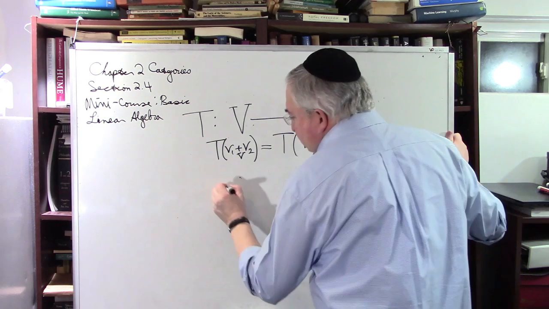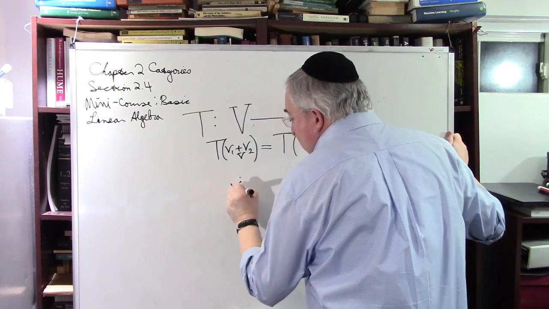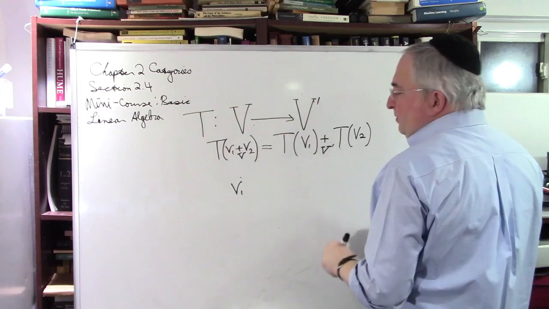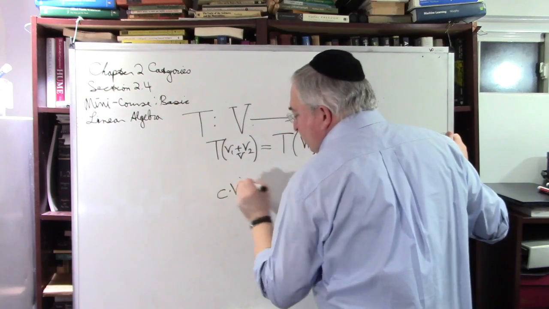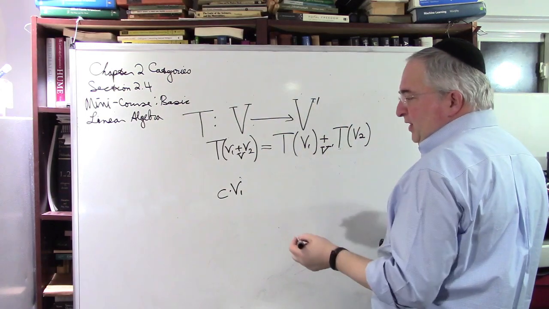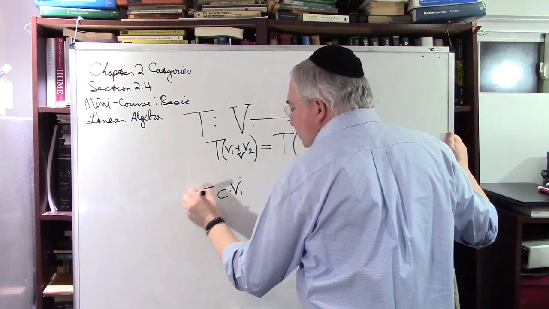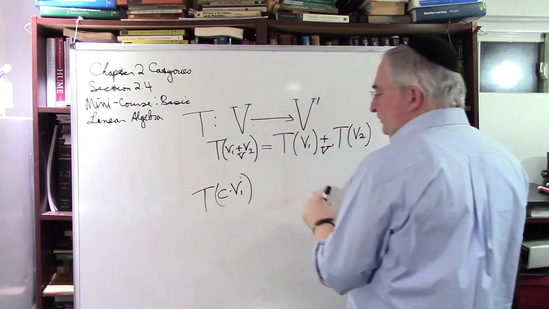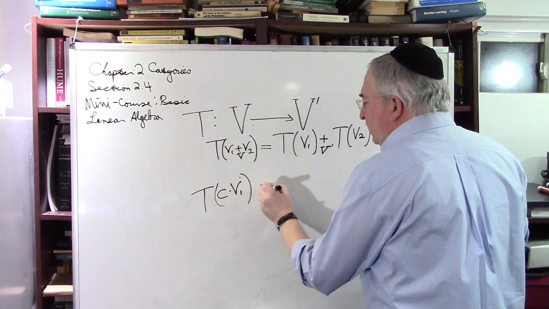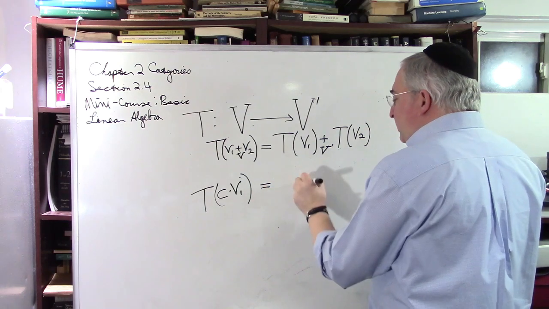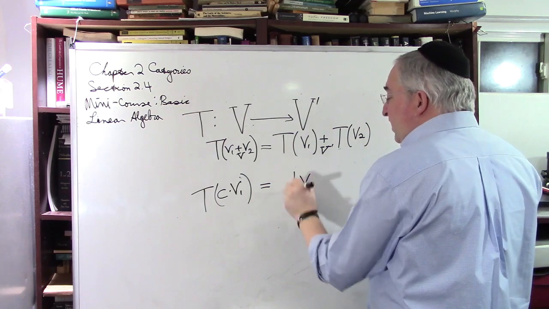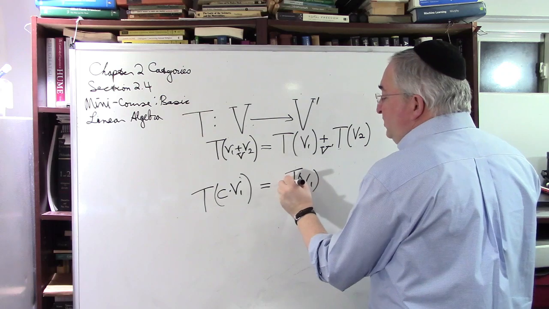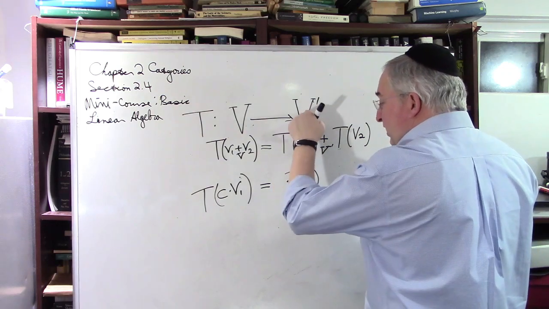Guess what the other one is? Well, let's do it. You have v1, an element in here. You could take a complex number and scalar multiply it, and then take T of that. Another thing I could do is take v1, take T of that, and do the scalar multiplication in here.